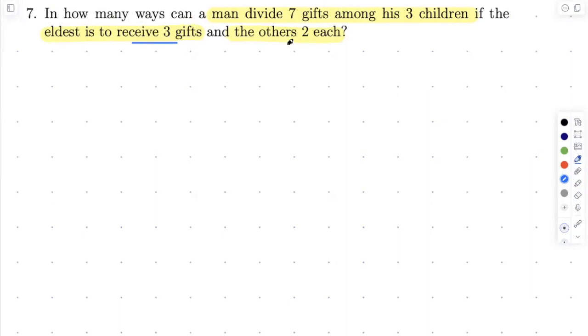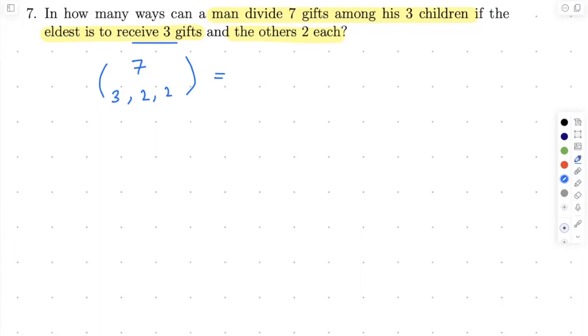Out of 7, you need to have 3 there, then after that 2, then after that 2. So 7 is going to be divided into 3 parts. Is it so? Yes or no? Just have a look at the statement.